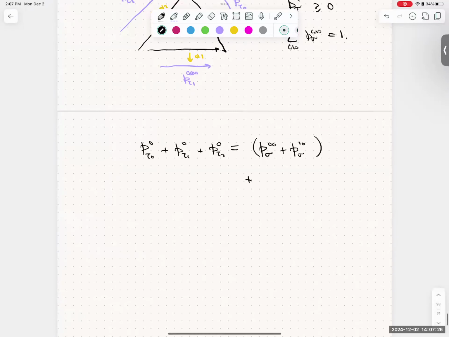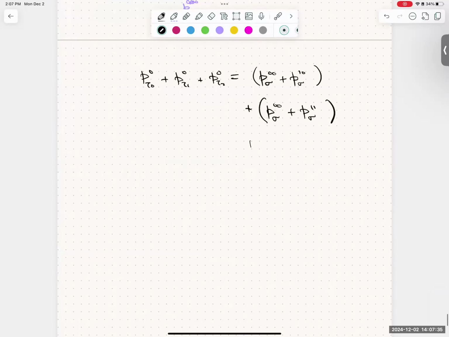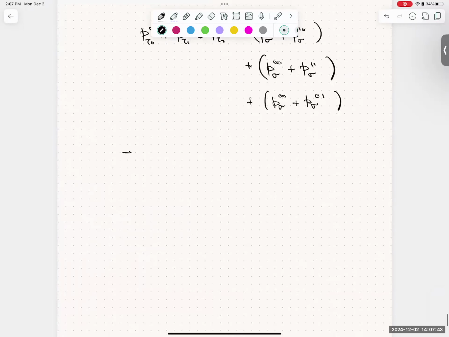Yes, like this: P sigma 0, 0 plus P sigma 1, 1 plus P sigma 0, 0 plus P sigma 0, 1. So when you just trivially add this up, you have that the sum equals 3 times P sigma 0, 0 plus P sigma 0, 1 plus P sigma 1, 1.